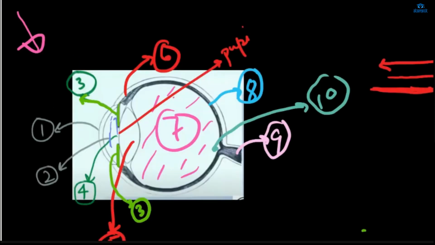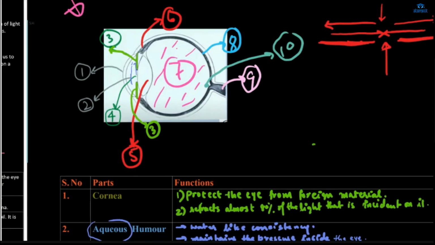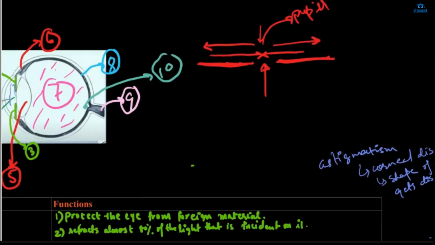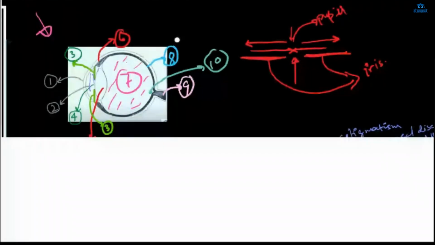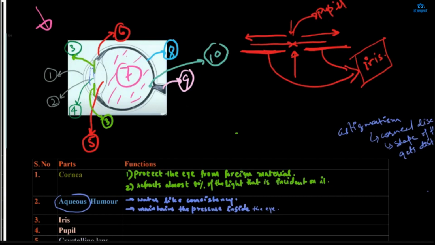This opening is your pupil, the fourth part, but I don't want to mention it here because it will get complicated. These doors are the iris. The iris controls the opening and shutting of the pupil, deciding how much light should enter the eye and how much should not.